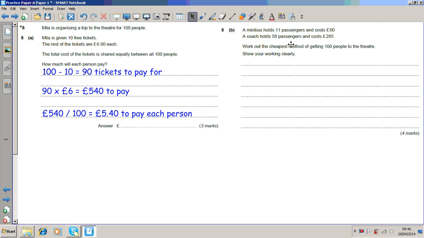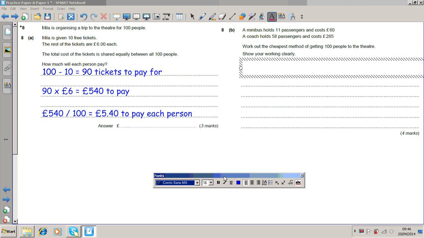Okay, a minibus holds 11 passengers and costs £60. A coach holds 58 passengers, costs £285. Work out the cheapest method of getting 100 people to the theatre. Okay, so 100 people to the theatre.